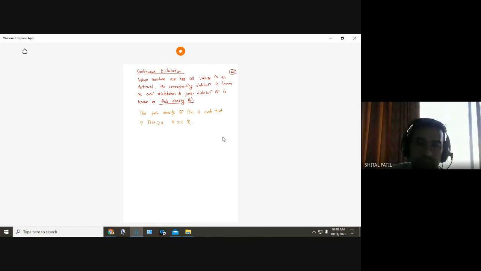And an important property: integration of f of x dx over whatever the interval is should be equal to 1.